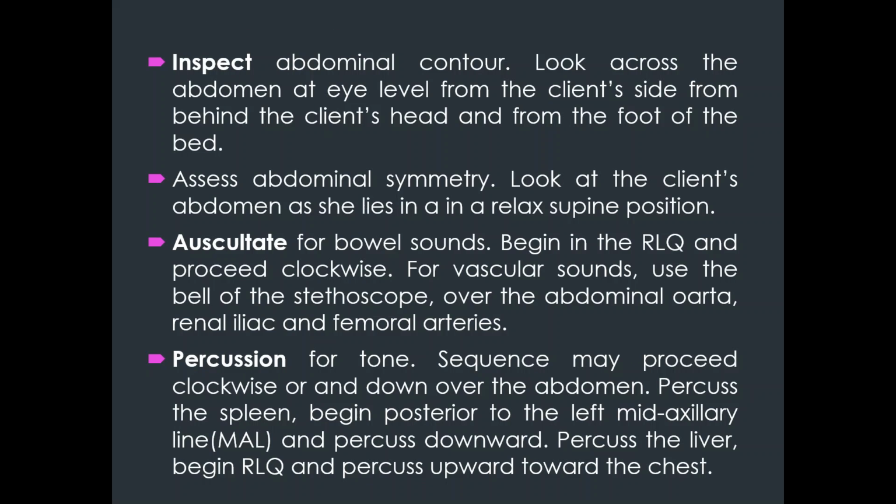Inspect the abdominal contour. Look across the abdomen at eye level from the client's side, from behind the client's head, and from the foot of the bed, from different perspectives. Assess abdominal symmetry. Look at the client's abdomen as she lies in a relaxed supine position.